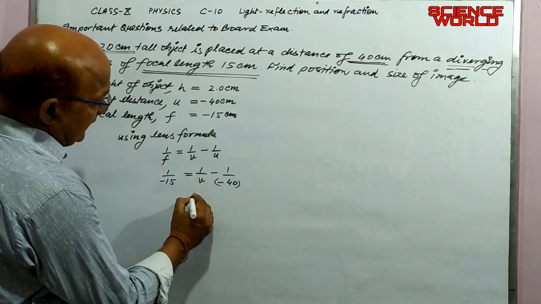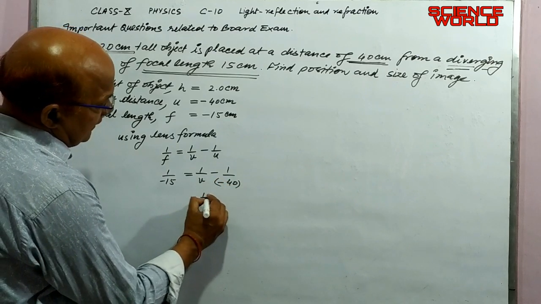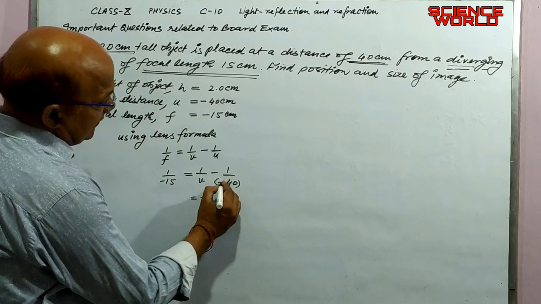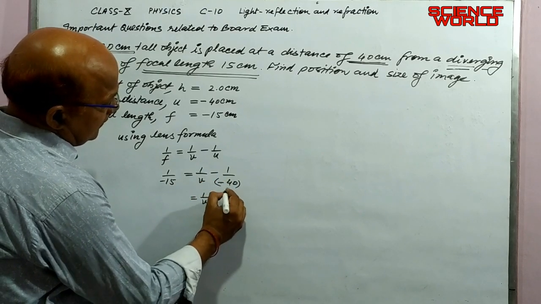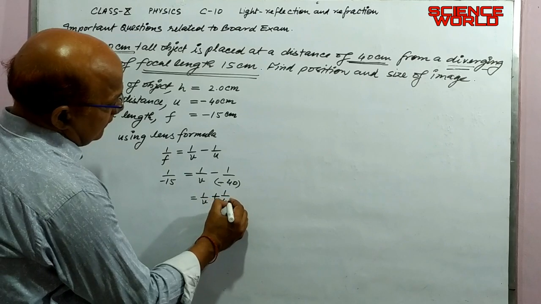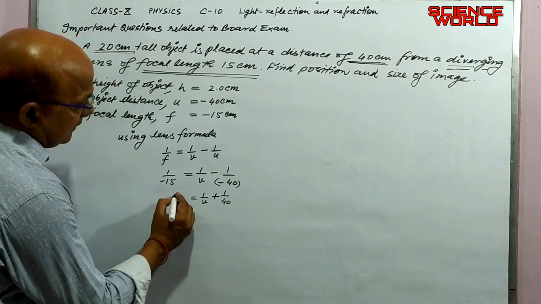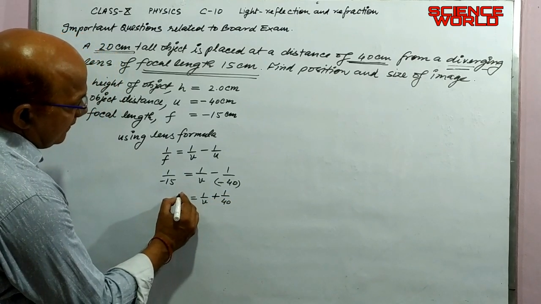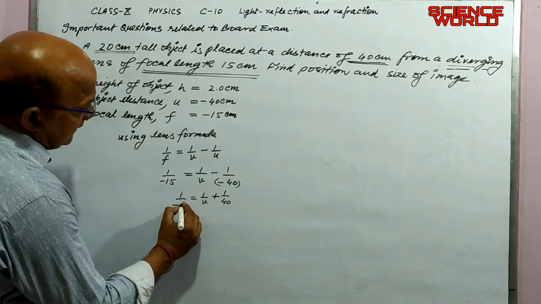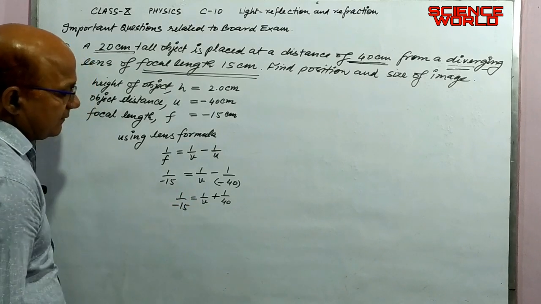You can write this 1 upon v plus 1 upon 40, and this is 1 upon minus 15.